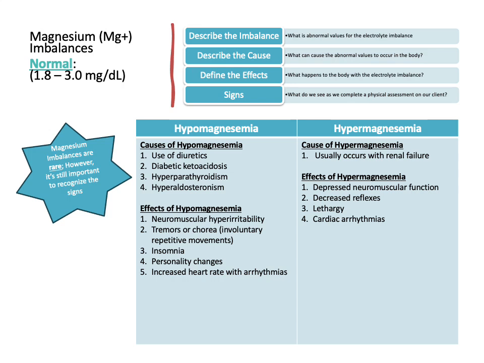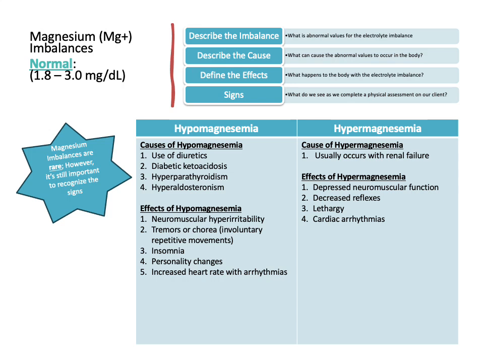Generally, hypomagnesemia is associated with the use of diuretics, DKA or diabetic ketoacidosis, hyperparathyroidism, or even hyperaldosteronism. The effects include muscle hyperirritability, which could be tremors, spasms, repetitive movements. You can see insomnia, personality changes, and increased heart rate with arrhythmias.